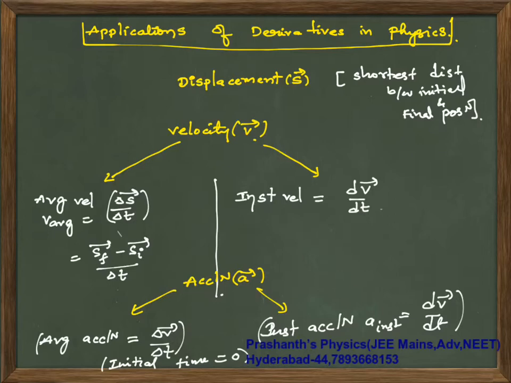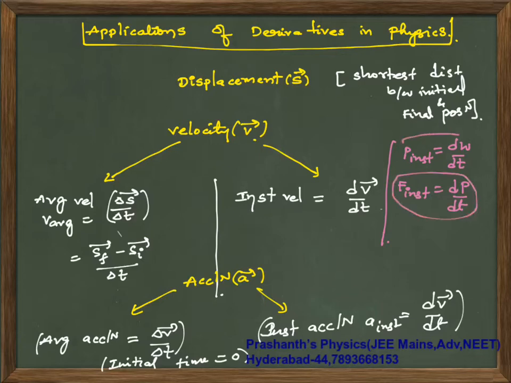Now, how are derivatives related here? If you see the instantaneous values of velocity and acceleration, you are just simply doing the differentiation. Some more examples in physics: instantaneous power is given by dw by dt. Instantaneous force is given by the derivative of momentum, dp by dt.